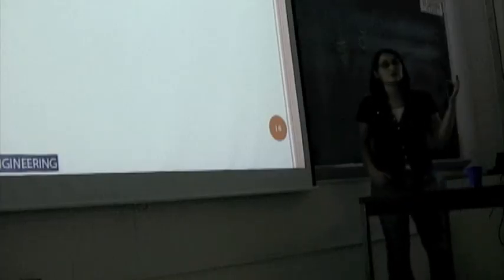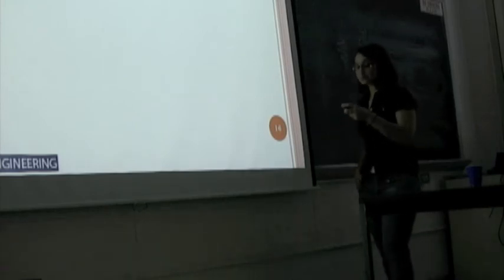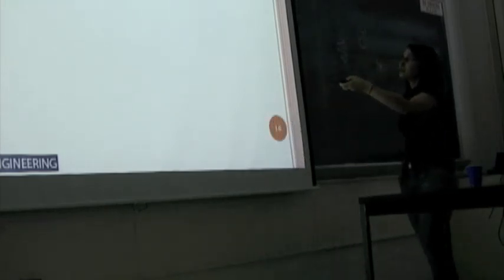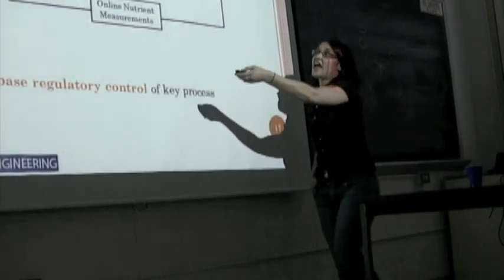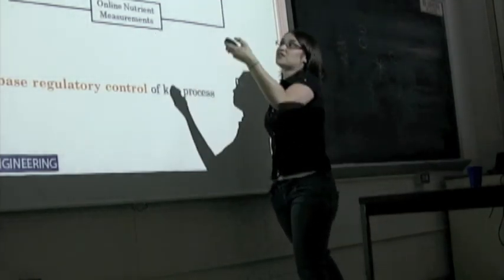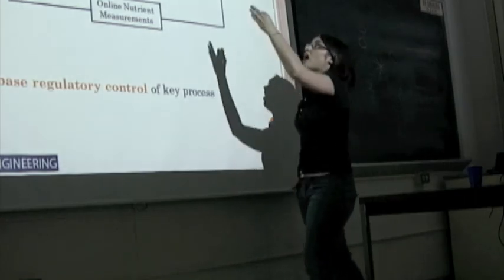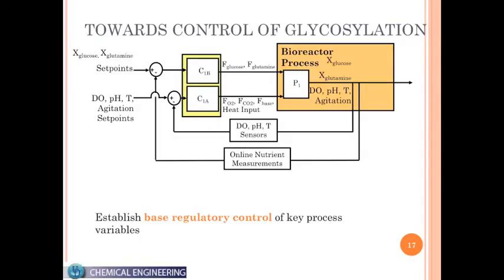So what we'd really like to do is be able to have online nutrient control. So how are we going to do that? Well, if we could have online nutrient measurements, and then a controller specifically for our glucose and glutamine, we can precisely control those levels in our bioreactor, and then we'll have one more level of control for glycosylation.